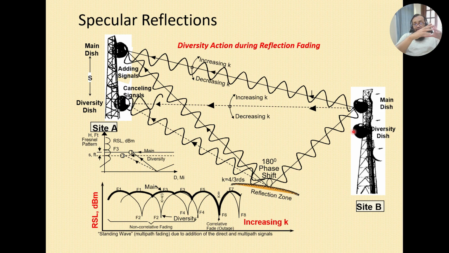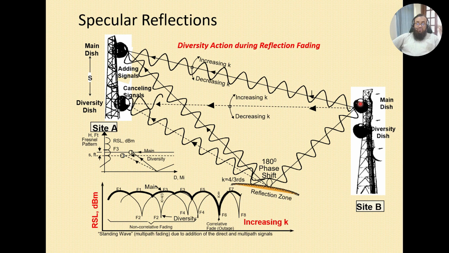So how this diversity distance is calculated and how we use it, this is what we will try to learn. For example, this is our site A, this is the main and this is the diversity antenna. Similarly, site B also has a main and a diversity. To understand, we are just assuming one side transmission.